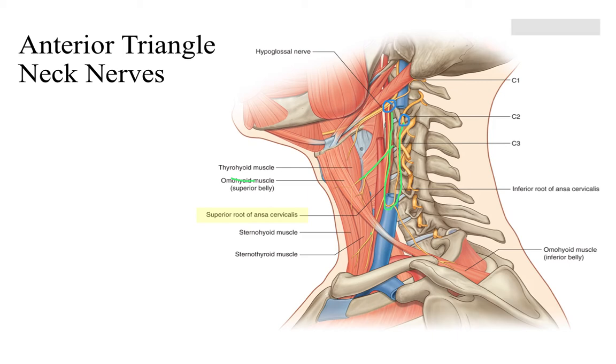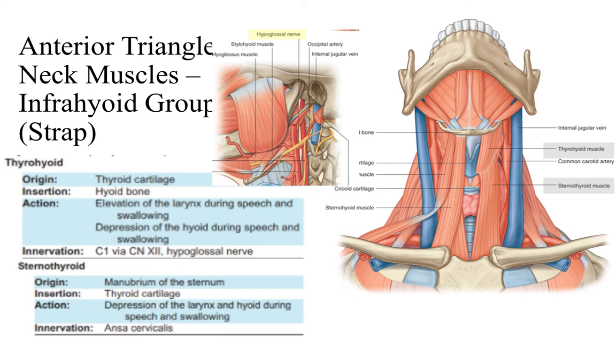Continuing on with the strap muscles, we have the thyrohyoid muscle running here from the thyroid cartilage to the hyoid bone. So the name tells you exactly where it's located. And we have the sternothyroid running from the sternum and the medial border of the clavicle up to the thyroid cartilage.